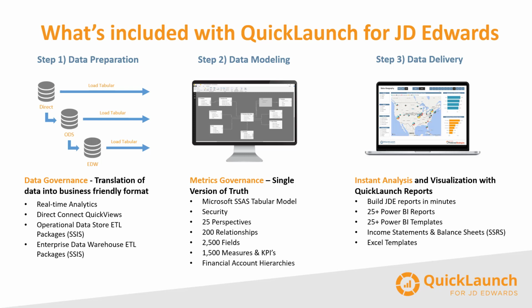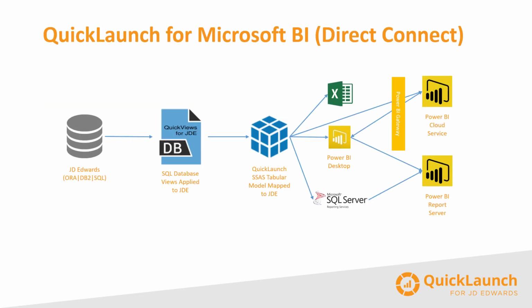And for income statements and balance sheets, we use Reporting Services reports. Now, all of these things, Excel, Power BI, Reporting Services, or even if you're using, let's say, Tableau, for example, can pull from our tabular model as the source. So the data model becomes your governed source of truth for all analytics and BI.